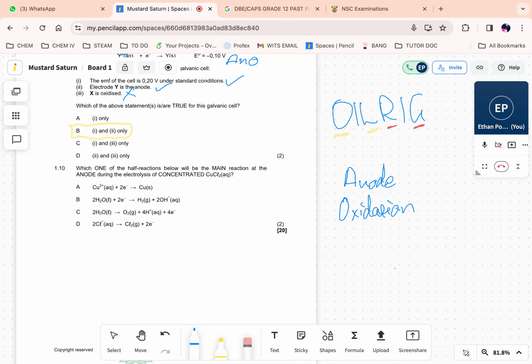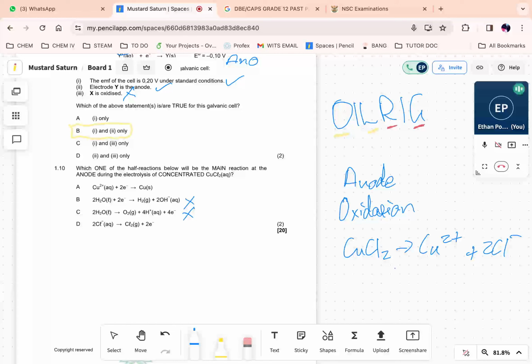Copper chloride would dissociate into copper 2 plus and 2Cl minus. With that in mind, we can already eliminate the majority of these reactions that involve water because there's no water in our system. And we just want to analyze A and D.